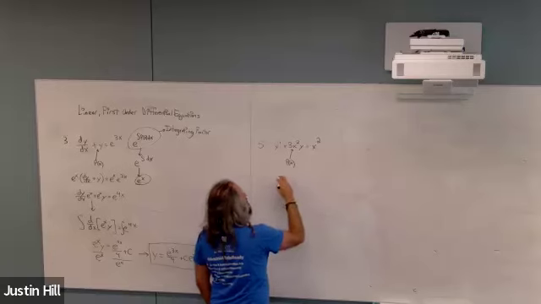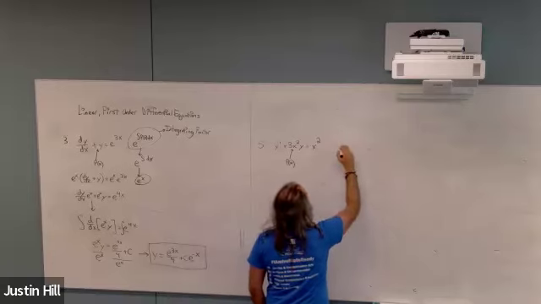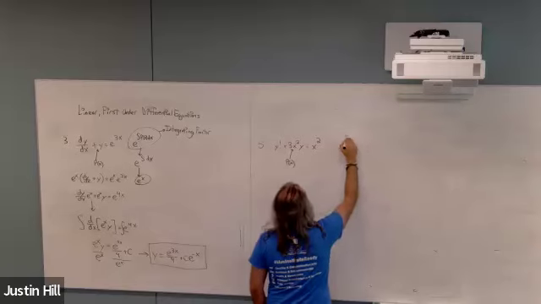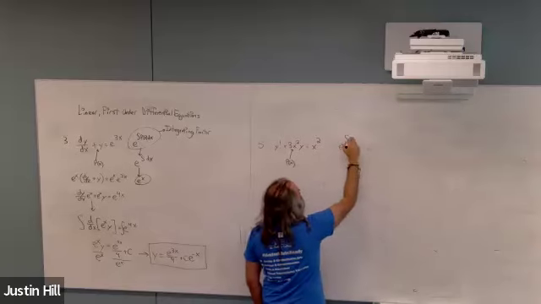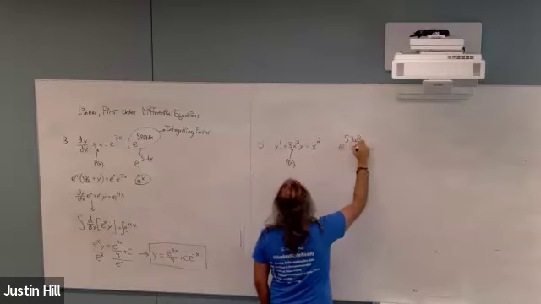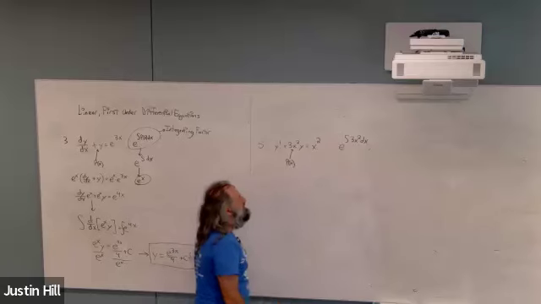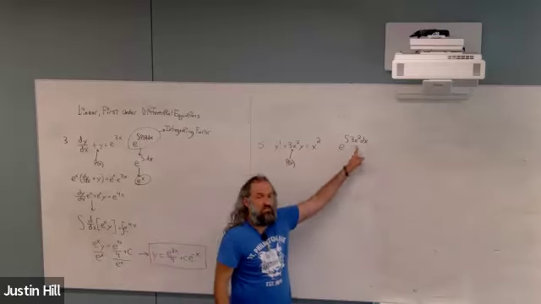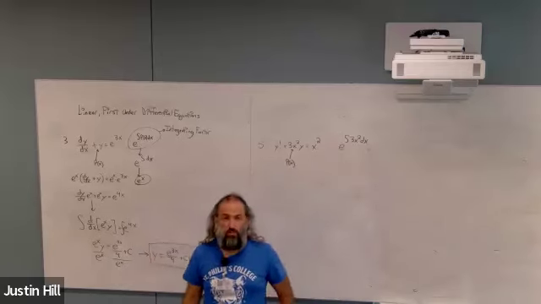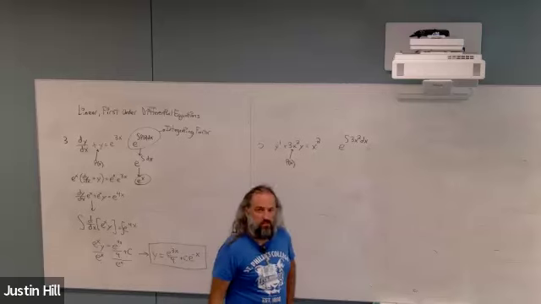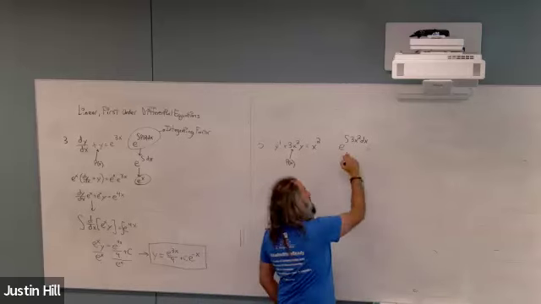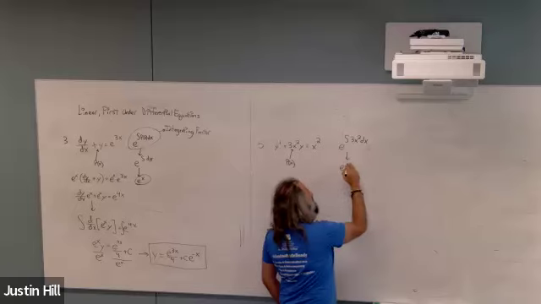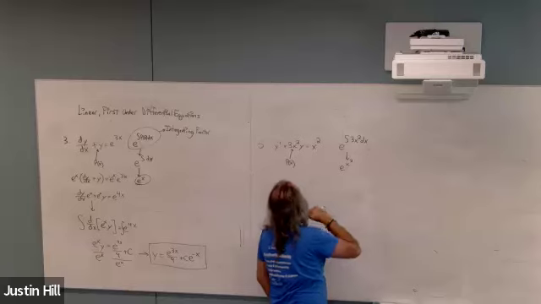So my integrating factor is e to the integral now of 3x squared dx. And you needed to go ahead and integrate that. So what did you get when you integrated 3x squared dx? Hopefully that's easy enough. You'll get x cubed out of that, e to the x cubed.